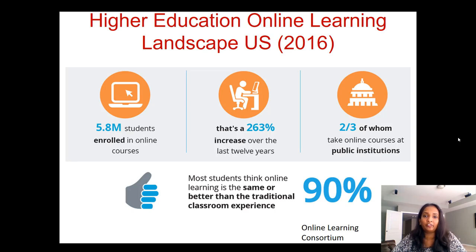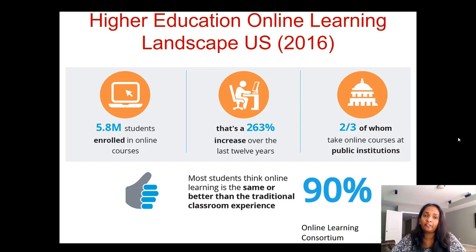This infographic was from the Online Learning Consortium, who do quite a bit of leading research in the area of online learning. This is from 2016. There wasn't another new one recently.